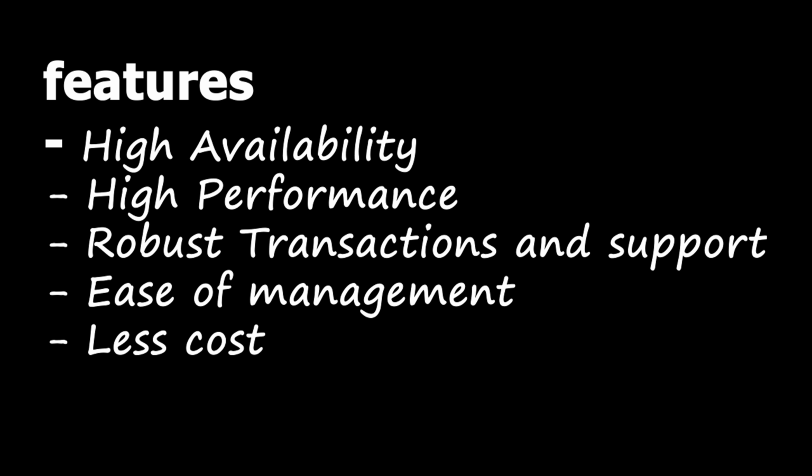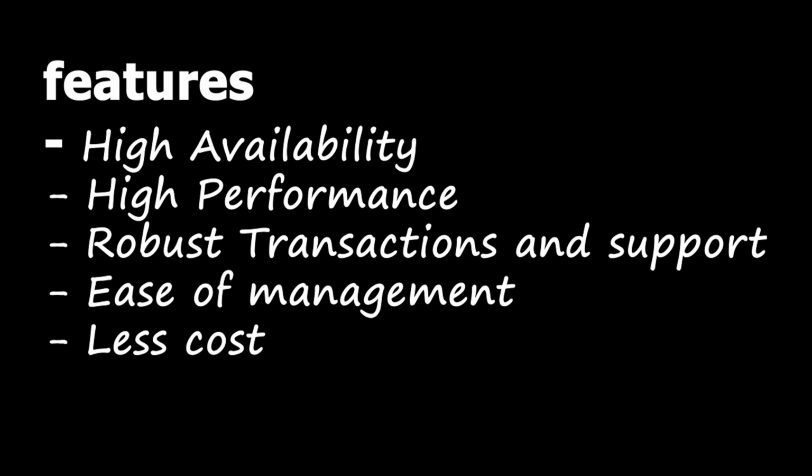Robust means strong. The transaction and the support are very strong, or you can say healthy transaction. You don't have to worry about the transaction or the support. And the management is also easy. We can easily manage the database. And the next one is less cost. It won't cost as much as some other software.